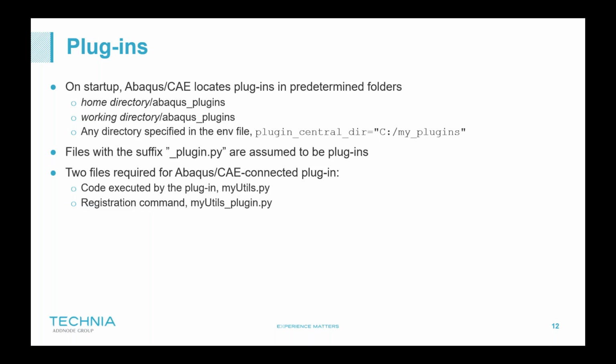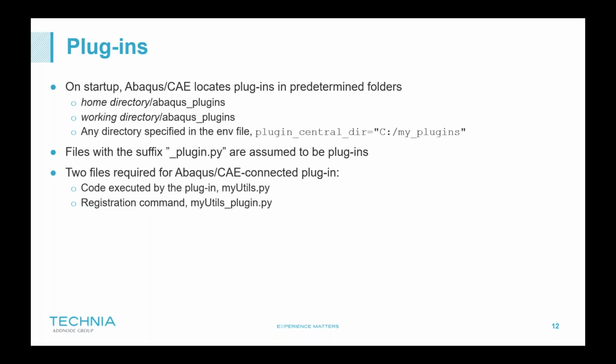We can also specify an arbitrary directory by editing the environment file and setting the parameter plugin_central_dir to whichever value we want Abaqus CAE to look at. So Abaqus CAE will look through these directories on startup, and if it finds a file with the suffix _plugin.py, this is assumed to be a plugin.